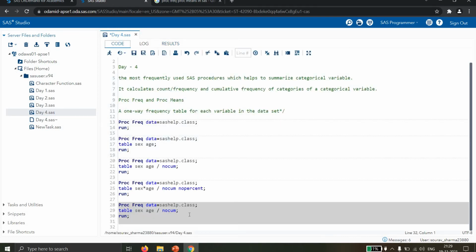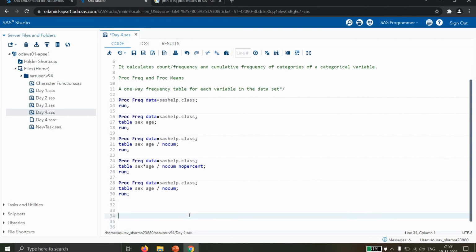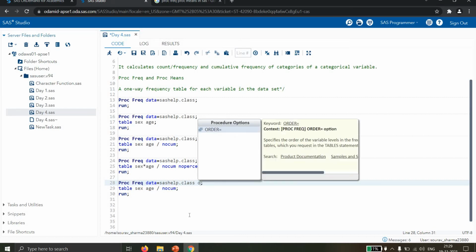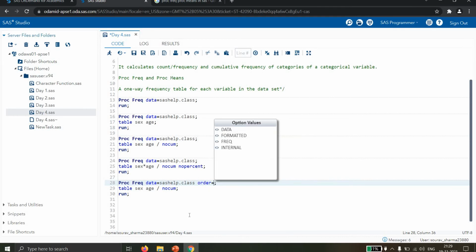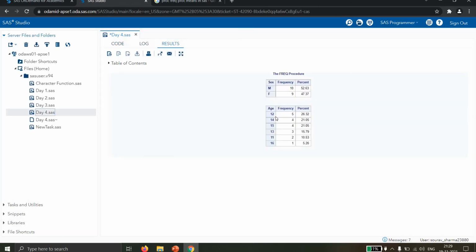Now you're saying I'm looking for descending order or ascending order. So what we write is the order option at the end. Let's suppose I write order equals frequency. Now you can see my data is sorted.